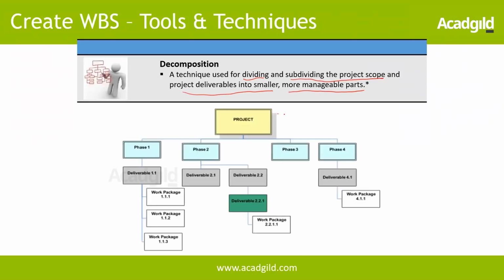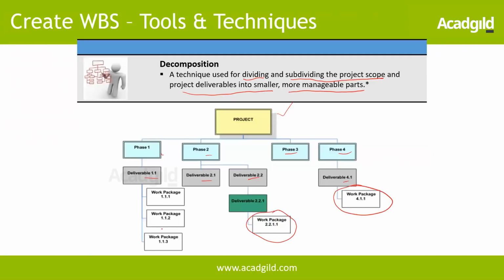If you have a project, I may have phase 1, phase 2, 3 and 4. Within phase 1, I may have deliverable 1, 2.1, and in phase 2 I may have 2 deliverables, and so on. I keep subdividing the scope into multiple more manageable components. So what is the lower level component? This lower level component is what we call a work package.